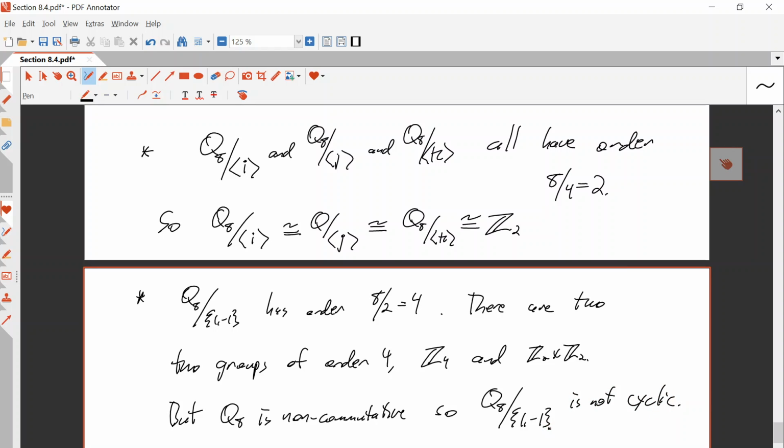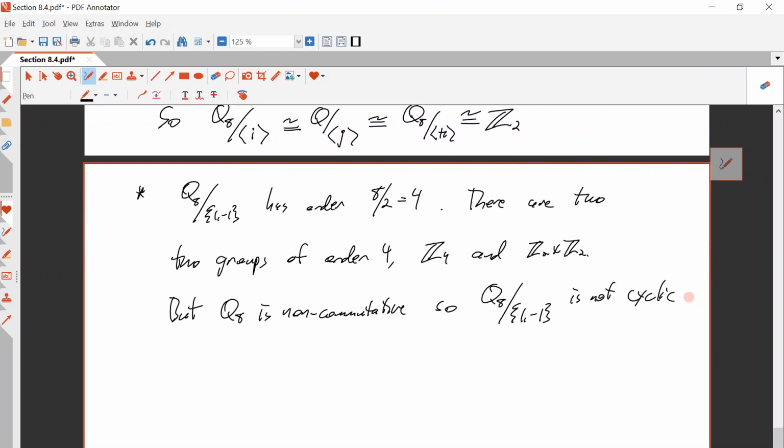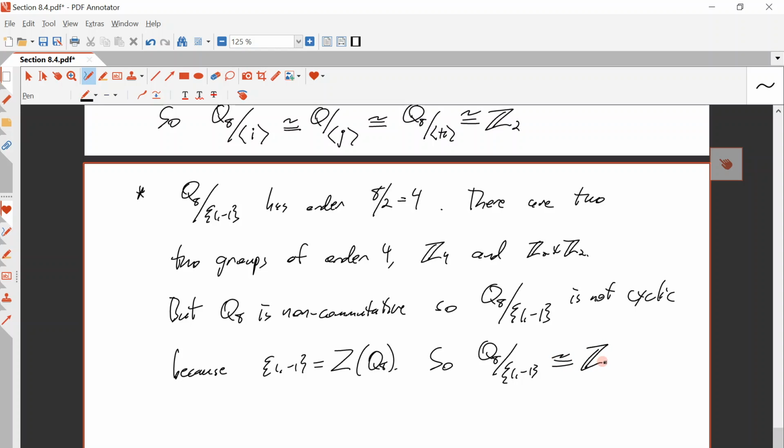Q8 mod the center can't be cyclic, because {1, negative 1} is equal to the center of Q8. So Q8 mod {1, negative 1} is isomorphic to Z2 cross Z2. And then the last one, Q8 mod just 1, is certainly isomorphic to Q8.